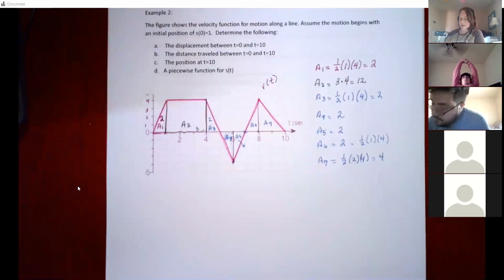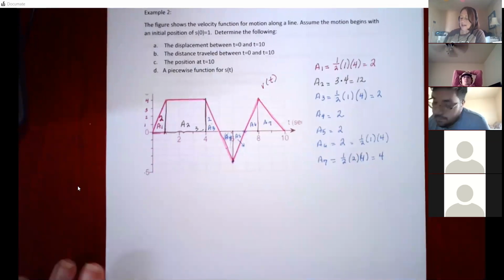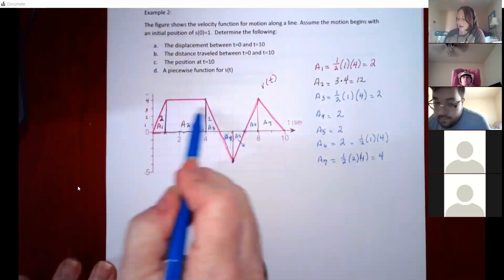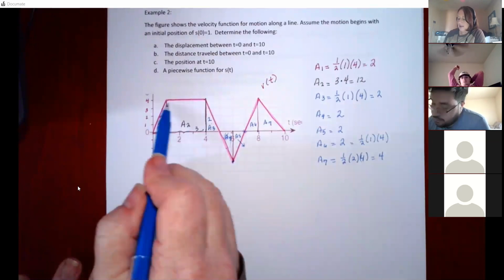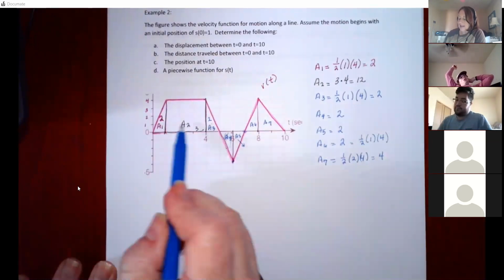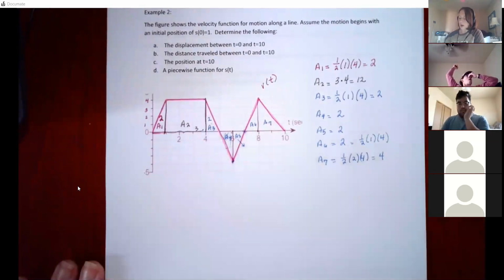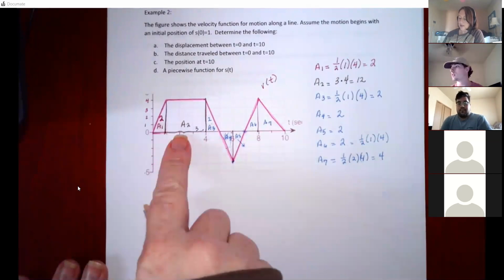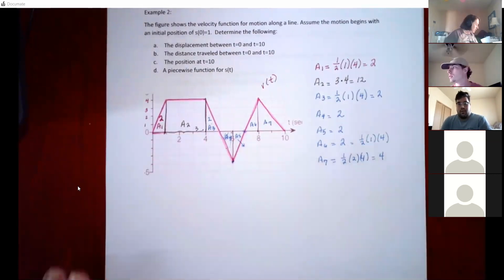All right, so if I take this entire region here, all of this first area between 0 and 5, the size of that area would be what? It'd be 2 plus 12 plus 2, or 16. Good.